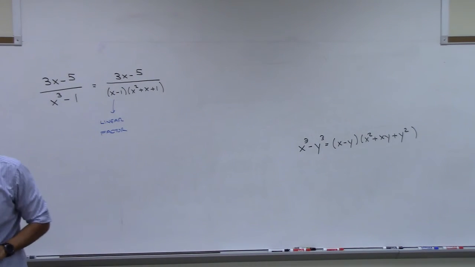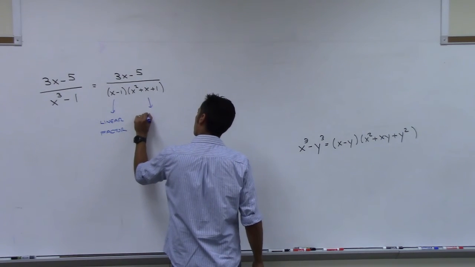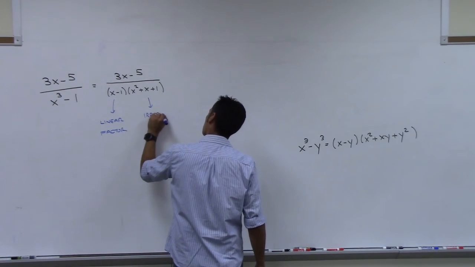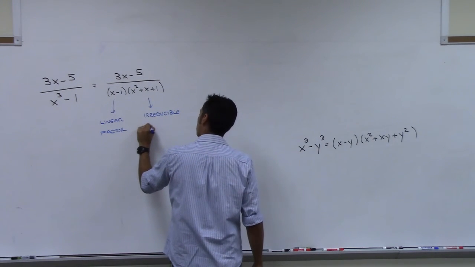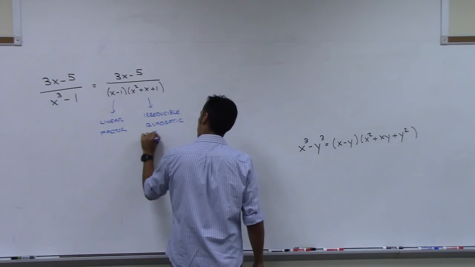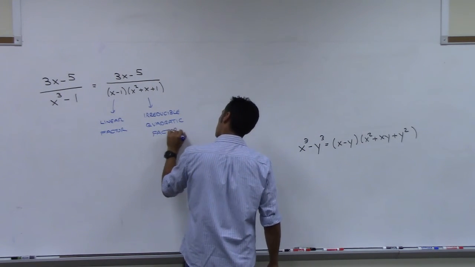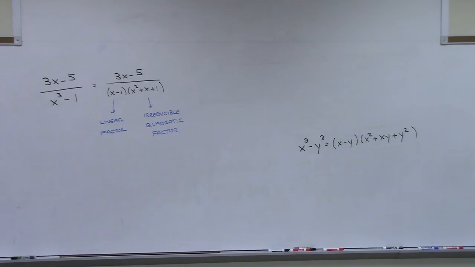And this book calls this an irreducible quadratic factor. We have not seen this. This is brand new, okay?